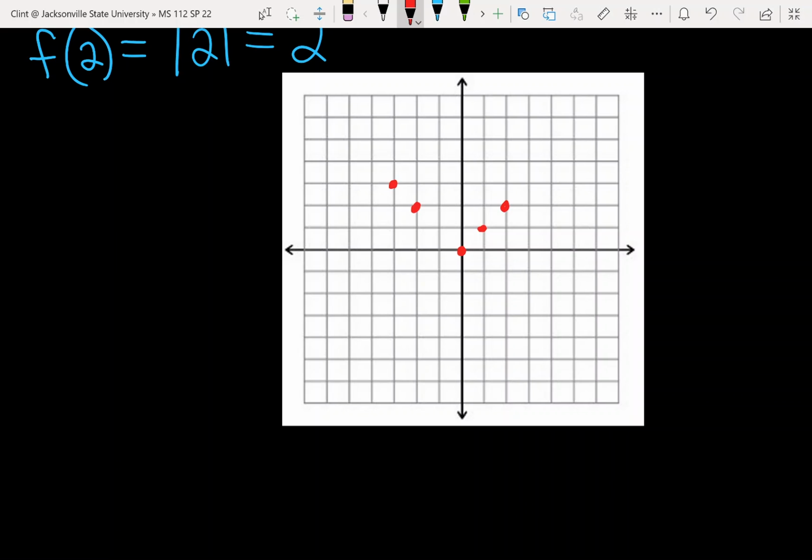If we did -1, we would have gotten +1. If we did +3, we would get +3. What's it looking like? A V. Yeah, we get a V shape. So absolute value would look like this and like that.